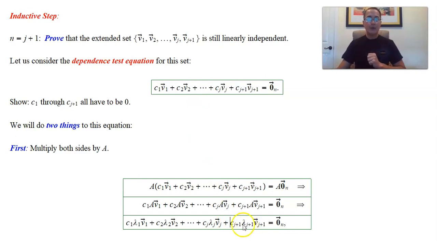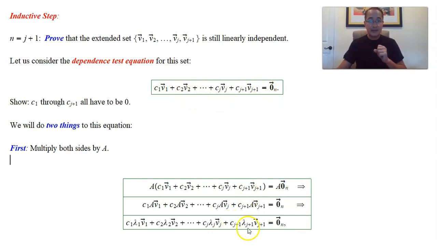What are we going to do? We want to get rid of this last term, the one with the lambda j+1. If that weren't there, we could say something. But wait, can I say something? No, the eigenvalues could be zero. One of these eigenvalues could be zero. So what is the second thing that we're going to do to this test equation?